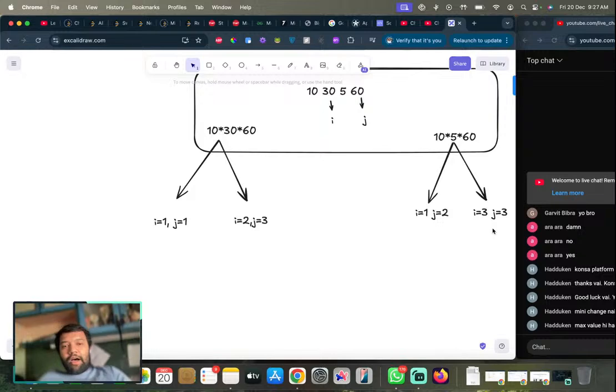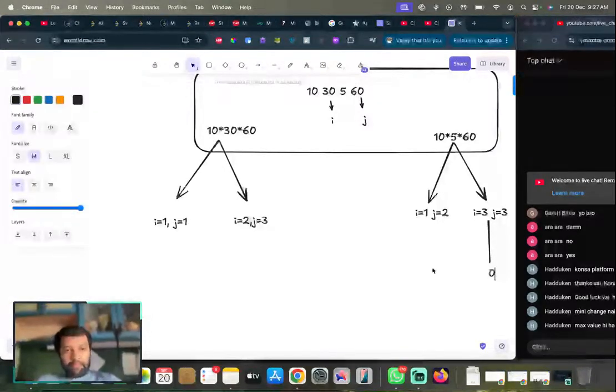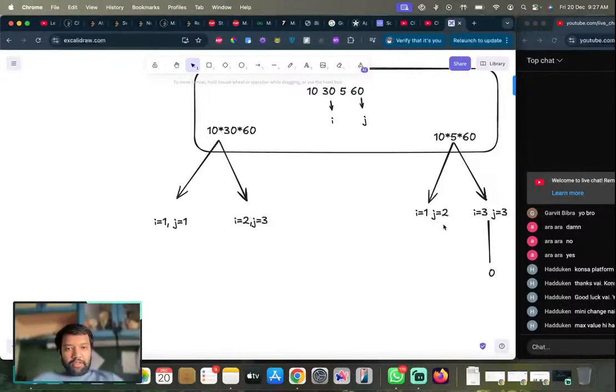Okay, now this will give us 0. This will also give us 0.